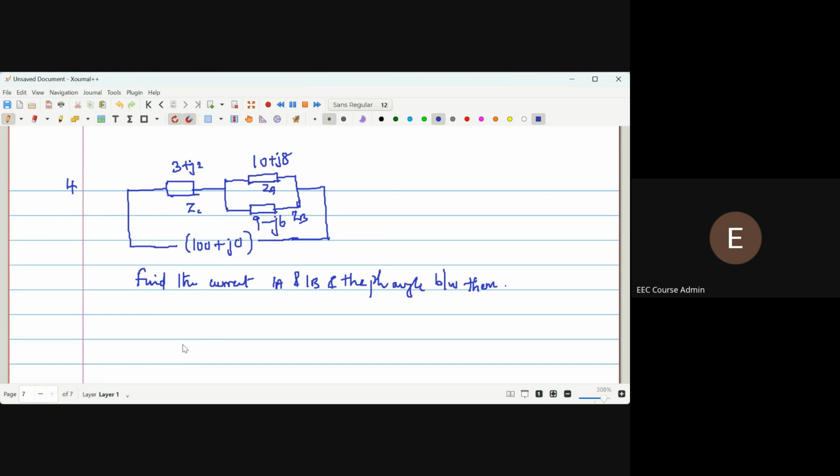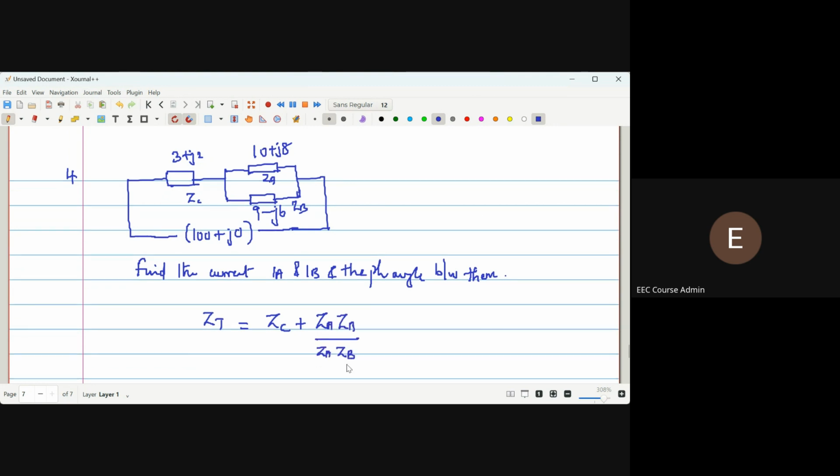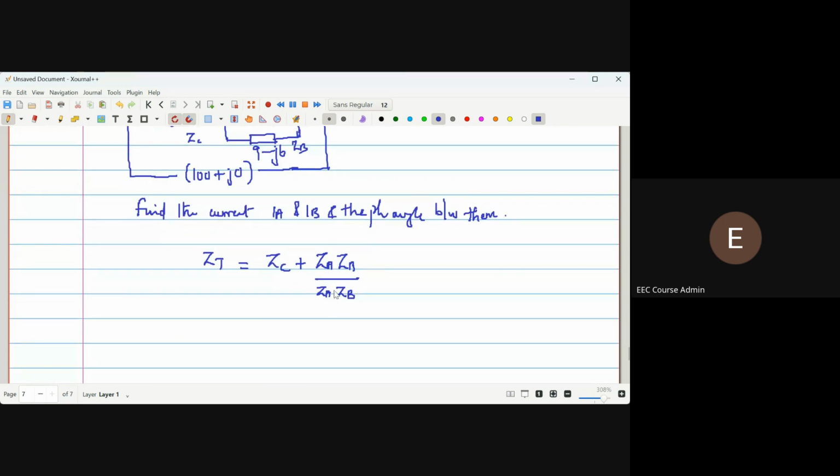It's just like you do in the case of DC. Here the total impedance will be Z_C plus Z_A Z_B by Z_A plus Z_B. Z_A and Z_B are in parallel, so Z_A Z_B by Z_A plus Z_B, and that is in series with Z_C.